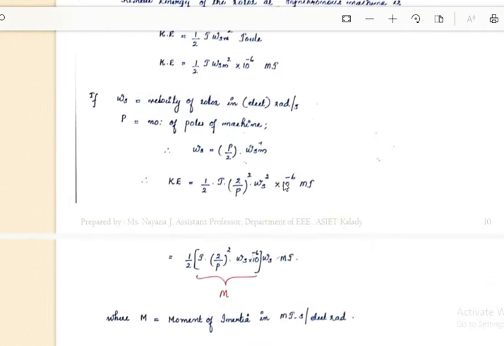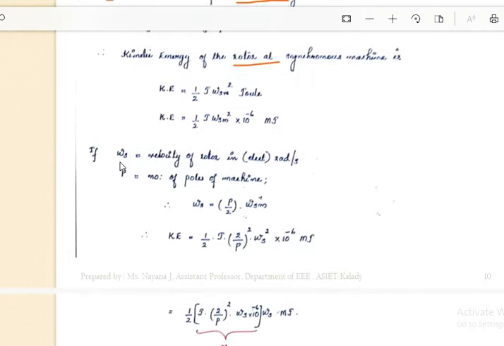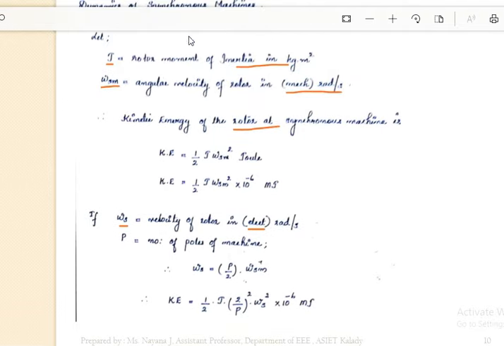Now if omega s represents angular velocity in electrical radian per second, here we have represented omega sm, which represents angular velocity in mechanical radian per second.